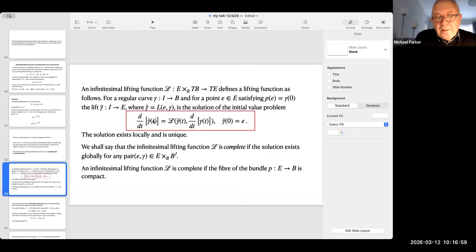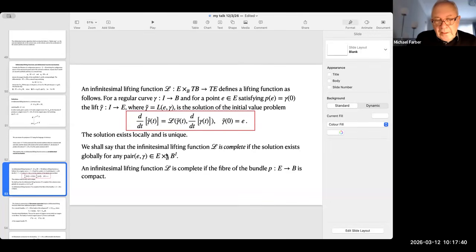The derivative of gamma tilde will be equal to this vector, which is the lift of the velocity of external conditions at this point t, and the initial condition is E. So this ODE gives you a lift of the curve, and the solution exists locally and is unique, but it may not exist globally.